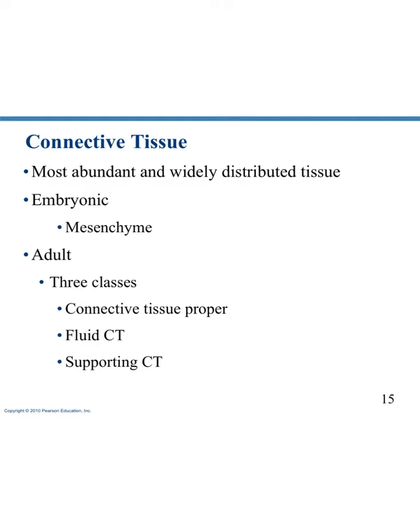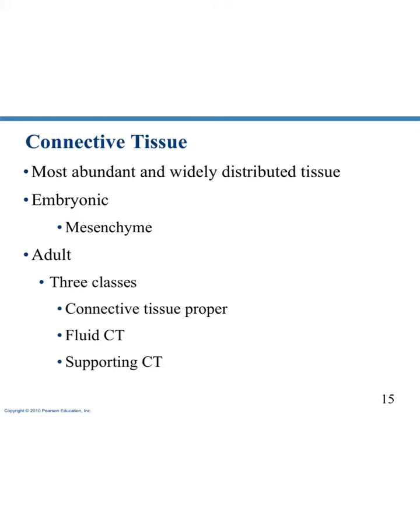Okay, so now moving on to connective tissues. It's the most abundant and widely distributed tissues in the body. It basically fills in between the other tissue types, between your epithelial tissues and muscle, as well as a lot of the actual other connective tissues as well. It has a very wide range.